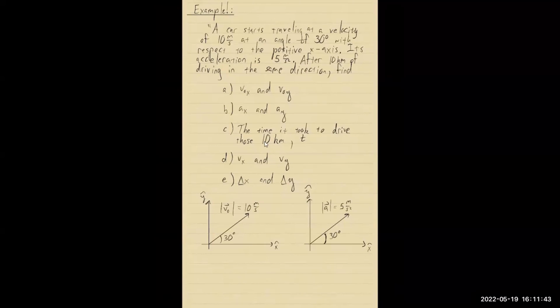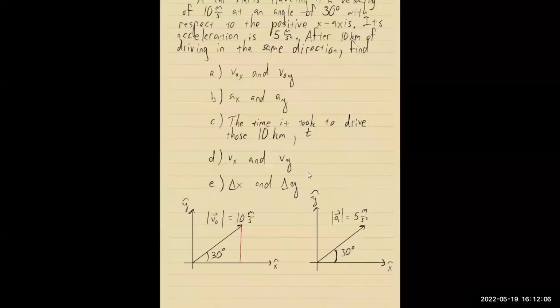And so parts A and B are asking us to find the components of our initial velocity vector and for our acceleration vector. So let's do that. So if we drop a line down from where our vectors are pointing, we make a right triangle. I'm going to zoom in a little bit now.